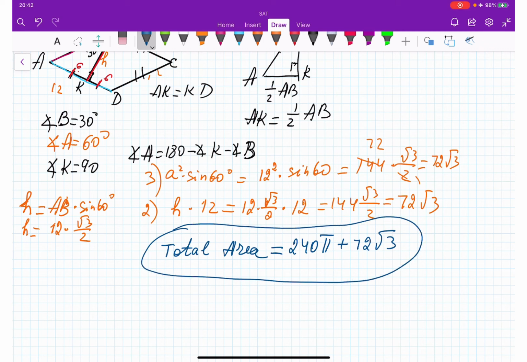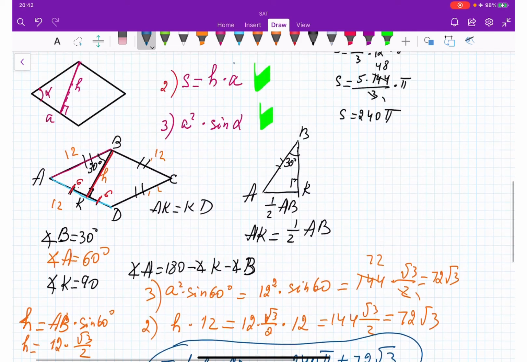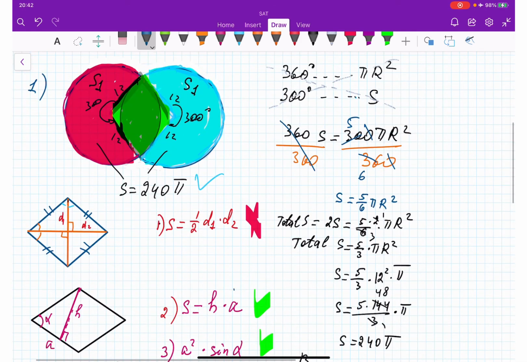So this expression is the area for both circles that are overlapping each other. Okay? That is our problem.